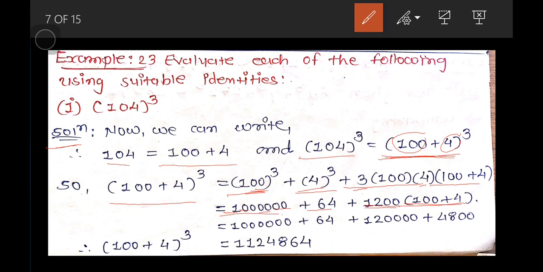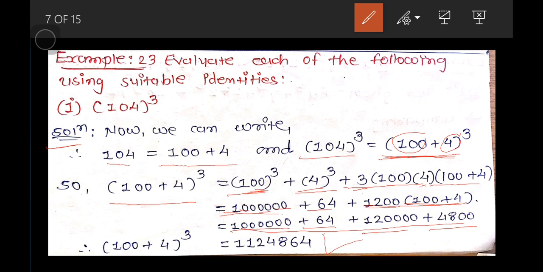Here we get 10 lakhs + 64, 1200 into 100 will be 1 lakh 20,000, plus 4,800. Now we take the sum of all these terms and we get the answer for (100 + 4) cube.